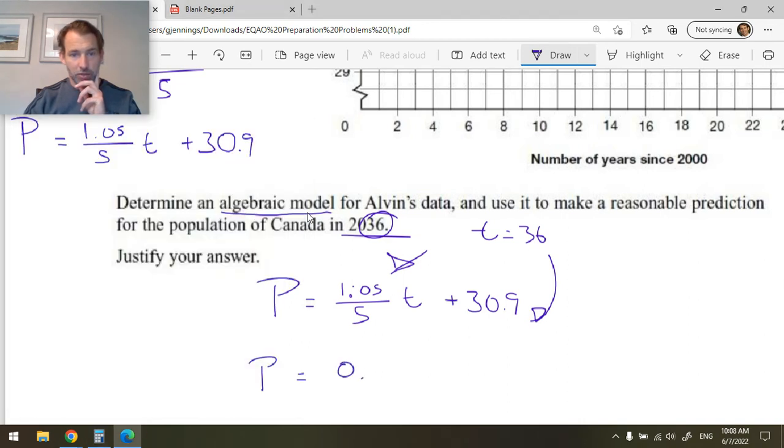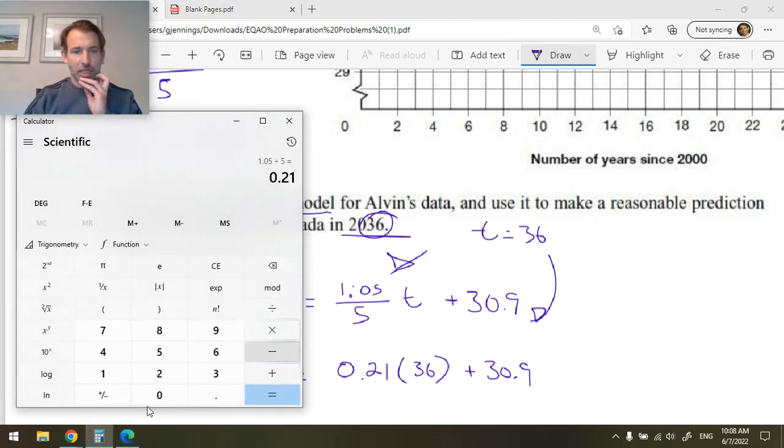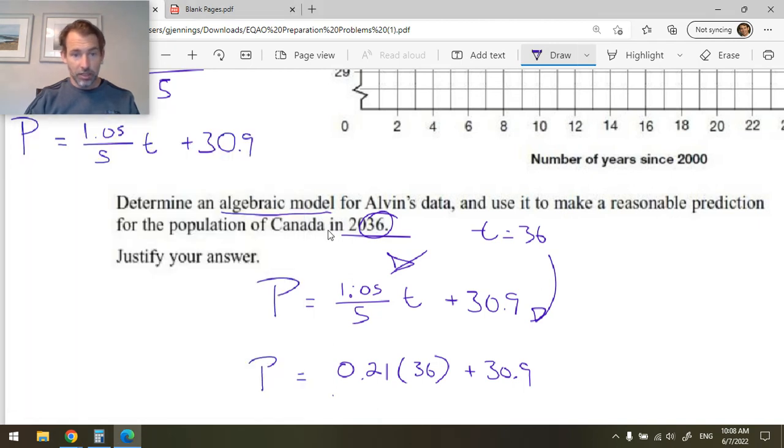I'm going to write that in here, 0.21 times 36 plus 30.9. All right, let's see. Times 36 equals. So the population will have grown by 7.56 million over 36 years. And I'm going to add that to 30.9 equals. So we get 38.46.